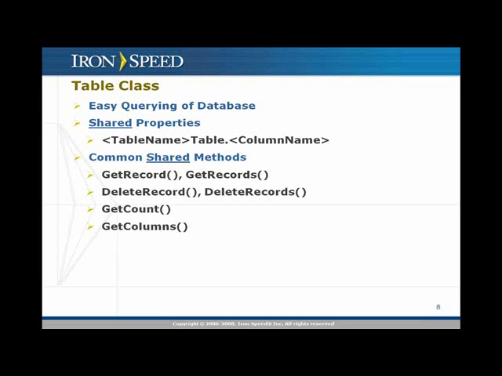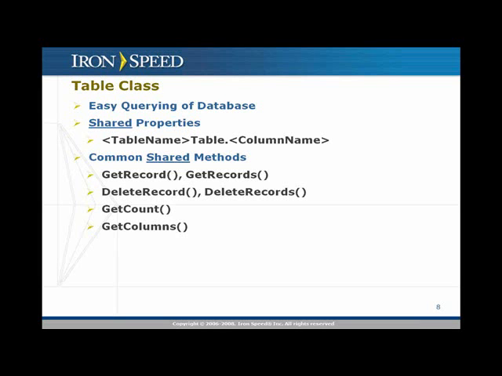So think of this as when you say customer table dot get records, it's as if saying select star from customers, and then all you have to do now is specify the where and the order by.